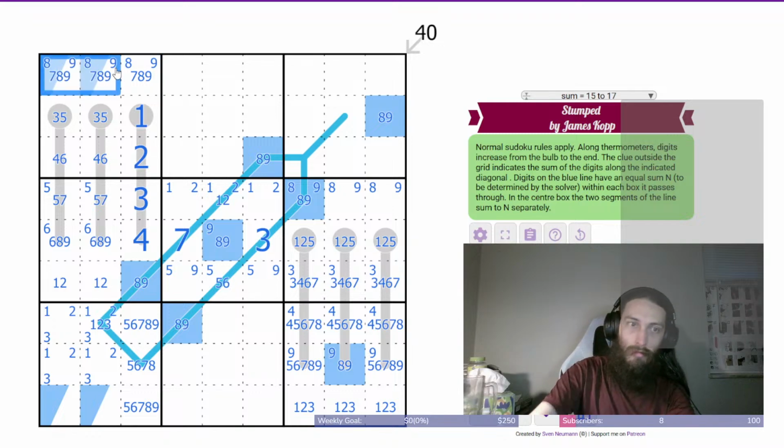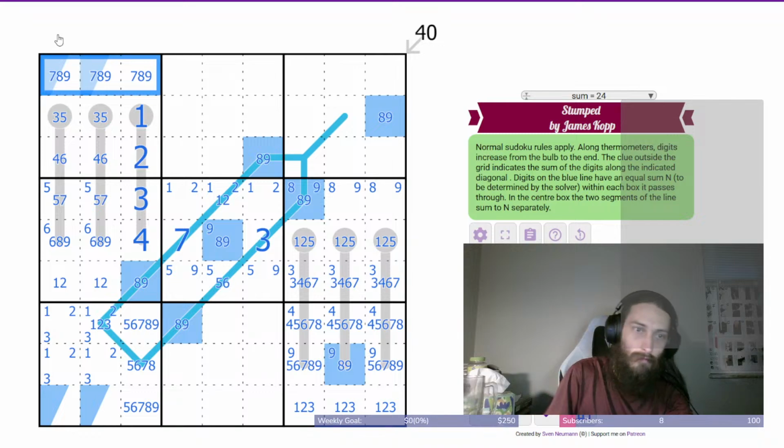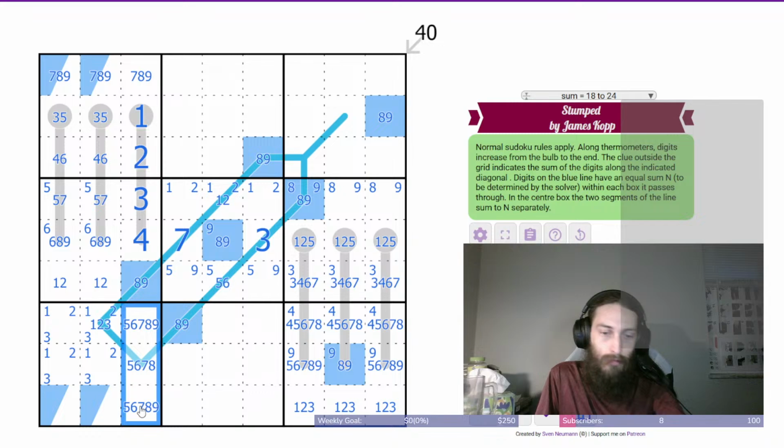And in fact, the top row is 7, 8, 9. Five and 6 are both over here, as well as the last from 7, 8, 9.